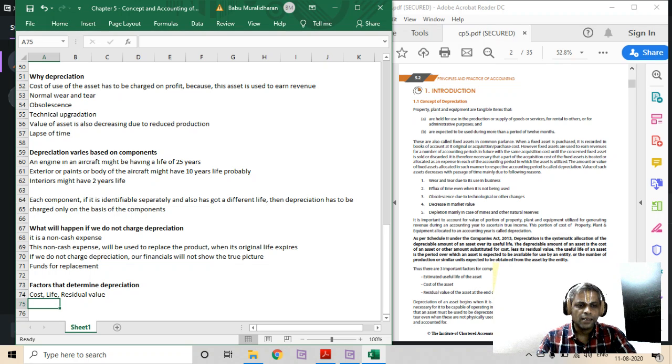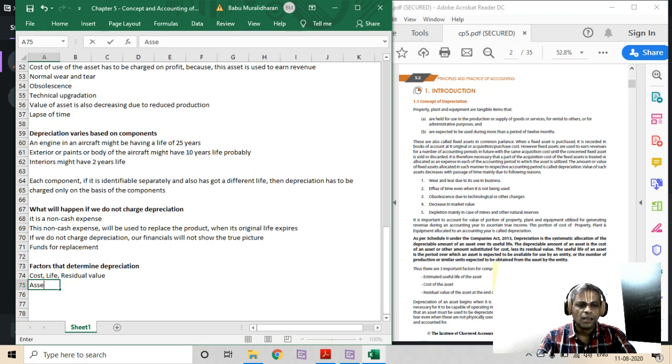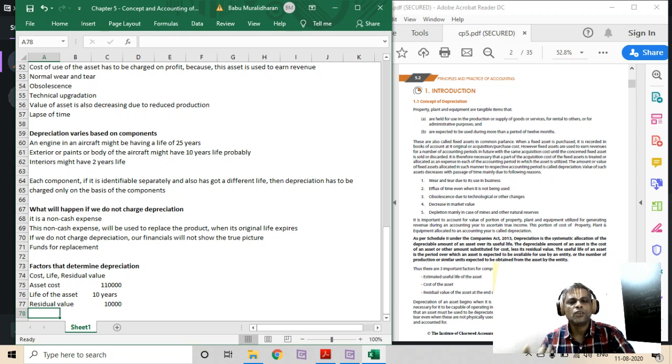So let's take asset cost. Asset cost is 1,10,000, and life of the asset is 10 years, and residual value 10,000. After 10 years, the asset will have a value of 10,000 rupees. When it is resold or scrapped, it will fetch 10,000 rupees.